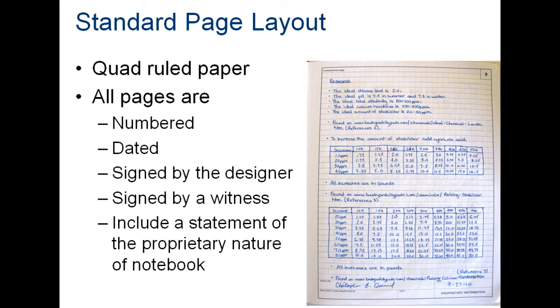The statement of proprietary nature of a notebook, I'll talk about this a couple times as we're going through this on different things. The idea with the engineering notebook is that you're keeping something that shows a record of your work and that can be used as evidence that you are the author of the work, that you discovered it when you discovered it.